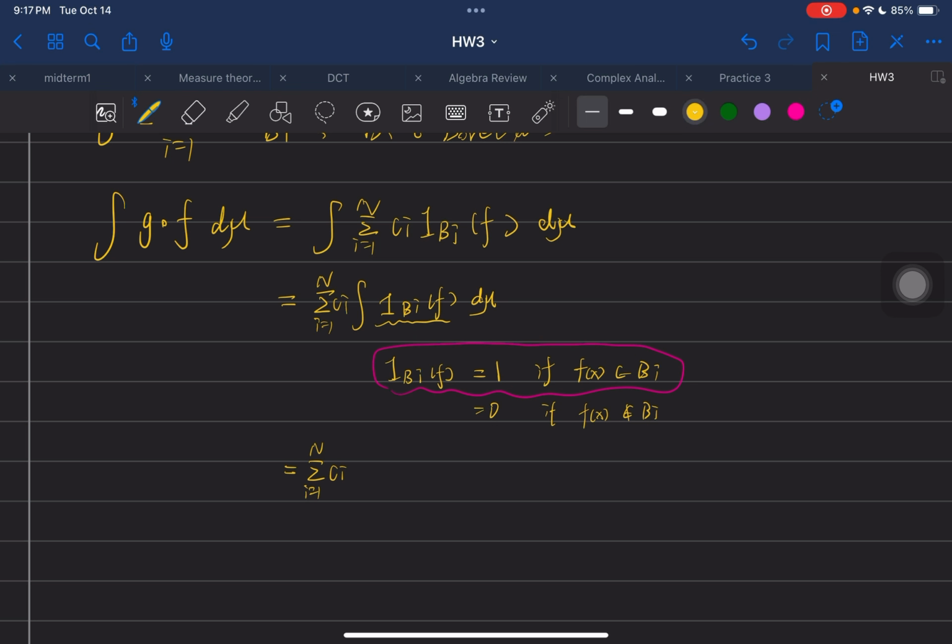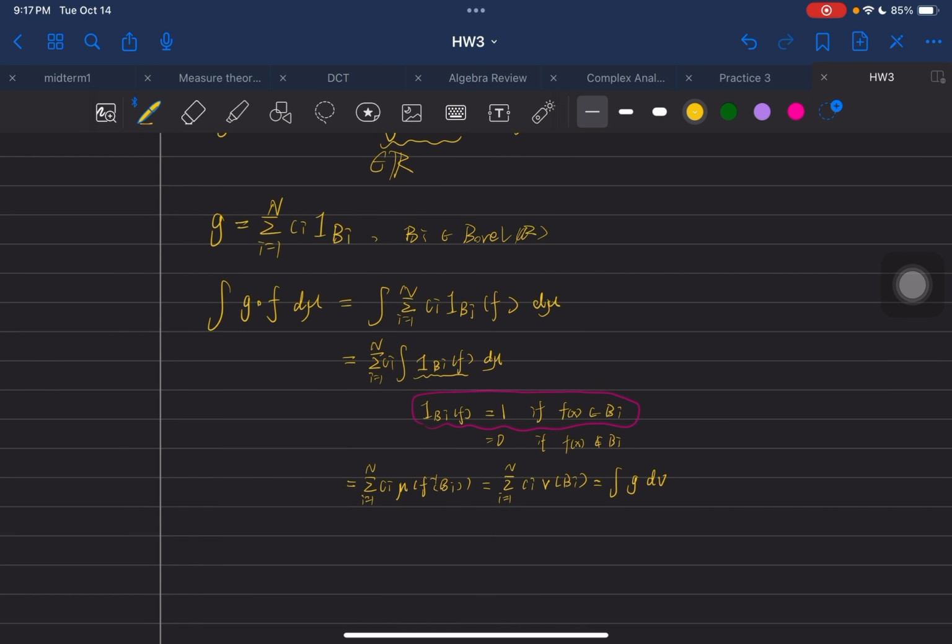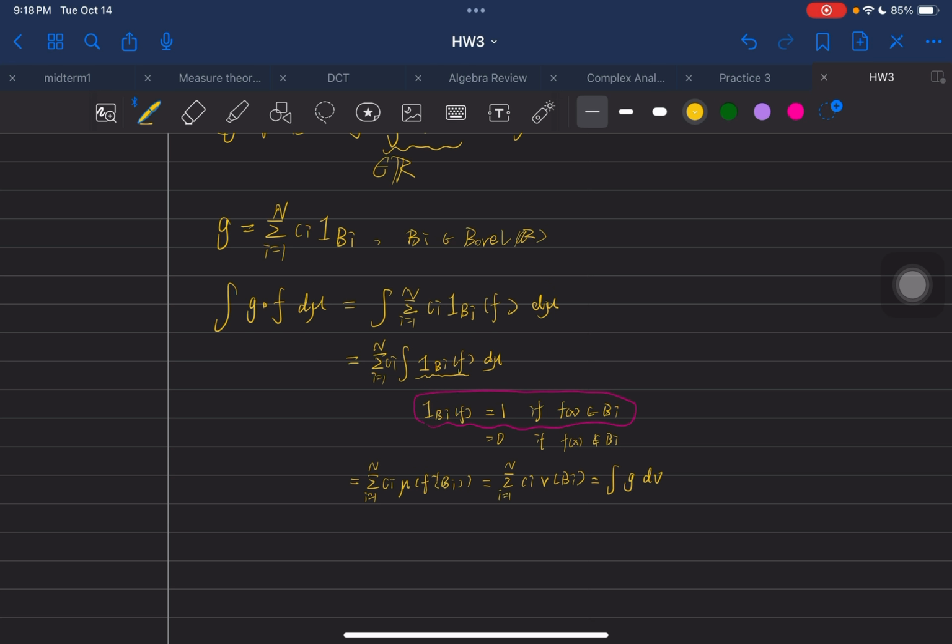The integral would be just the c_i times the measure mu of f inverse B_i, and by definition it equals nu of B_i, which equals the integral of g d nu.